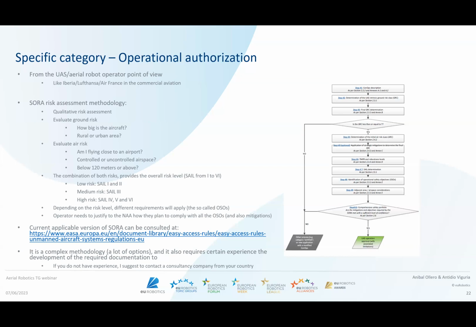So when we said before that if the operation is high risk you need a certification, it means that after the SORA, the risk of your operation is SAIL 4, 5, or 6. Depending on the risk level, different requirements will apply. The greater the risk, the more requirements will be imposed. The operator needs to notify the National Aviation Authority how it complies with all these requirements, which are called OSOs.